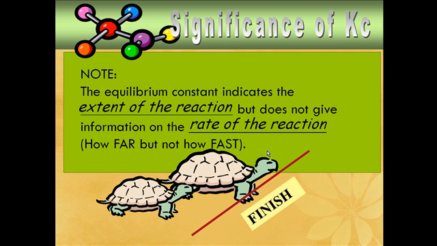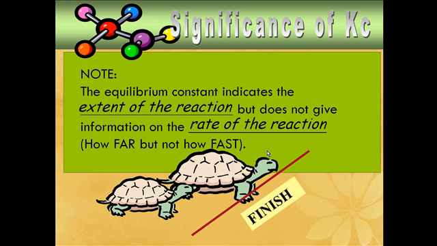So the same goes for a chemical reaction. If you apply Kc to a chemical equilibrium, it can only tell me how much the reaction has progressed from the reactants to the products, but it cannot tell me how fast it is going to take place.